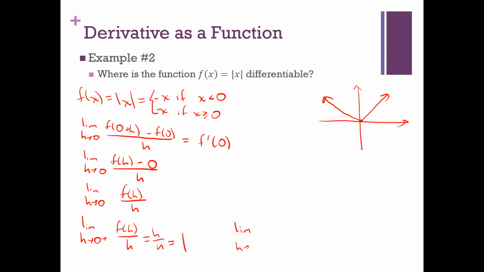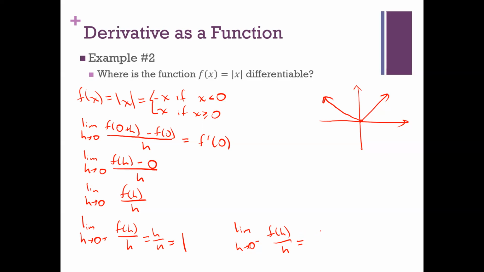But what if we look at the left-hand limit? We're looking at the same limit, f of h over h. What will f of h be in this case? It's not still h. For this one, I want h to approach 0, but it's going to be negative all the time, right?